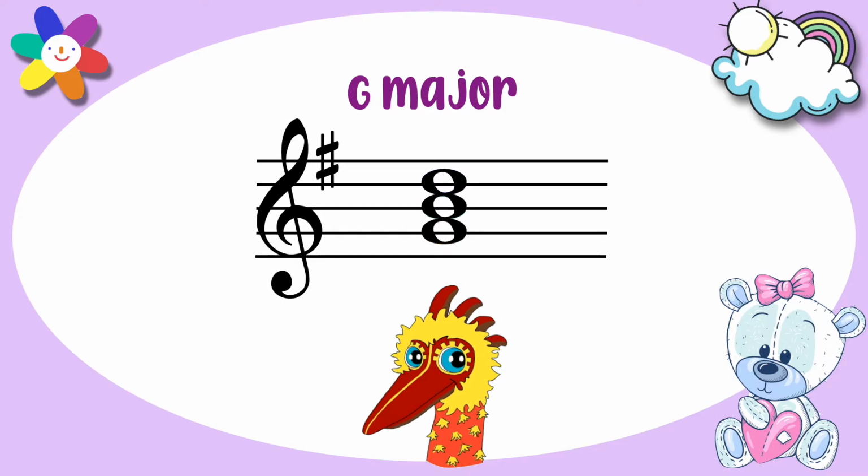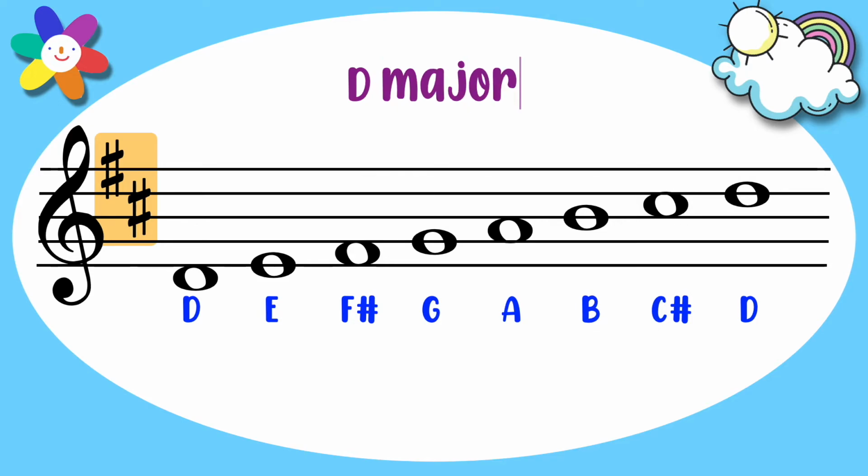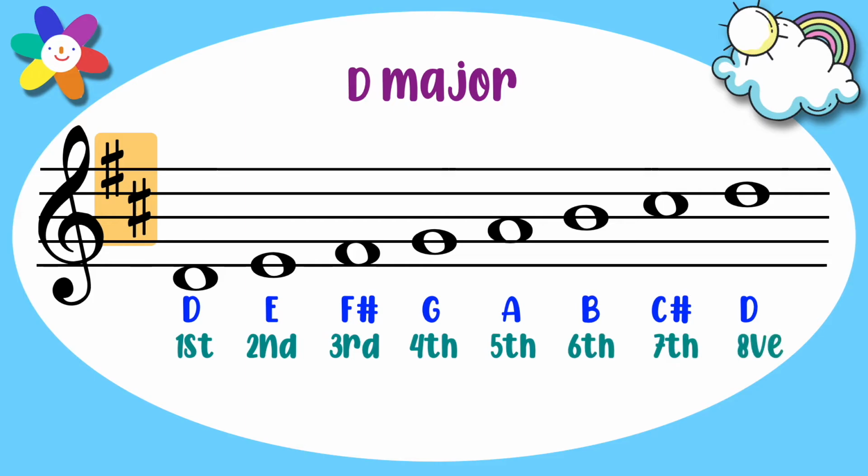Got it? Next, let's look at another scale. D, E, F sharp, G, A, B, C sharp, D. F sharp and C sharp, 2 sharps. It's D major scale. Label the scale degree for D major. D is the first note and D is your tonic.